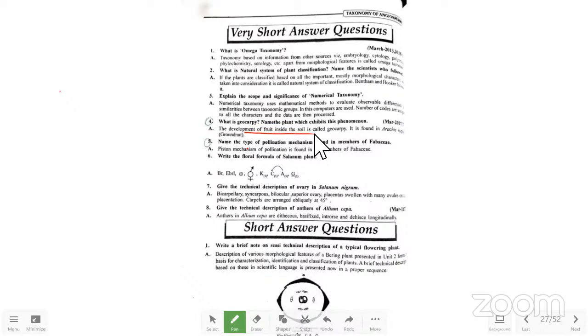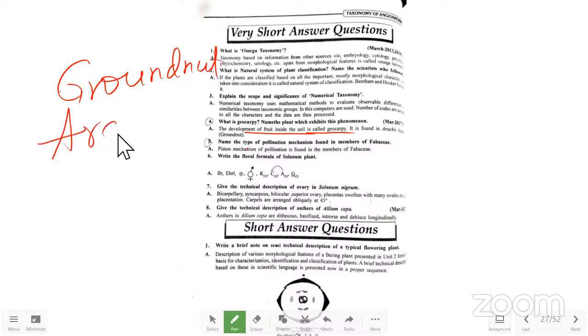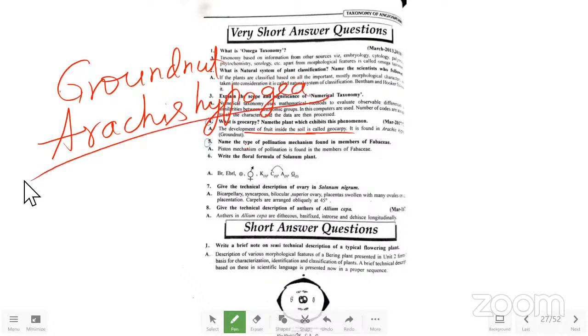When the fruits are developed under the soil, it is called geocarpy. Example, Arachis hypogea, otherwise groundnut. Groundnut or Arachis hypogea, whichever you feel free, you can write.